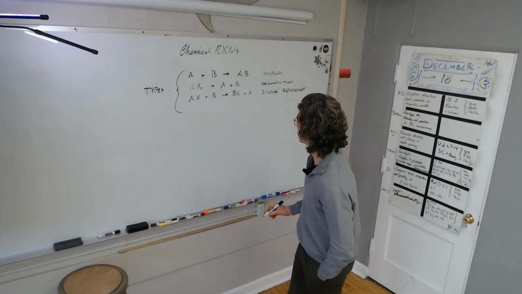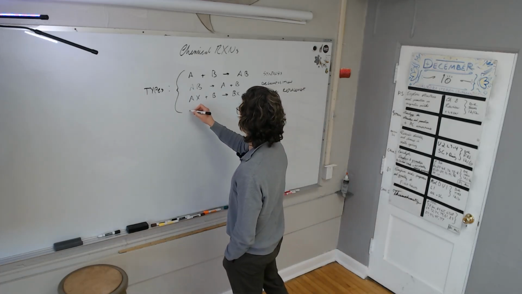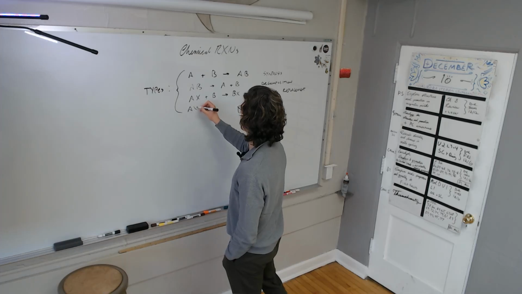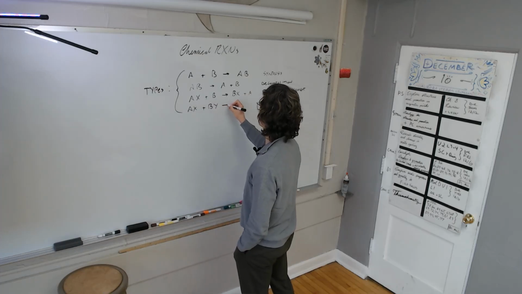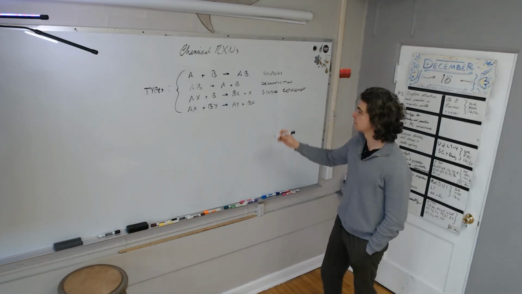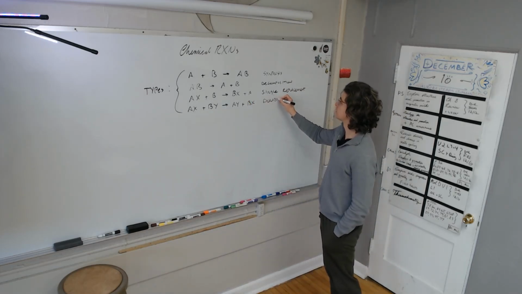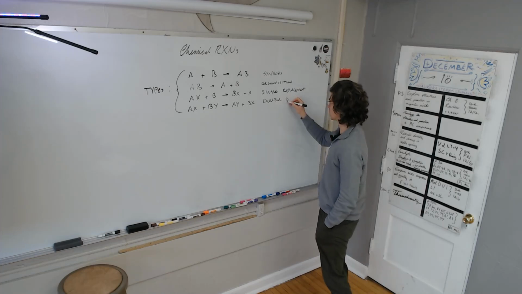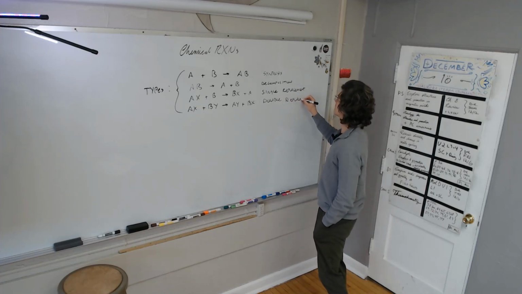Your book uses replacement. And then the third type is AX plus BY yields AY plus BX. Now they've both switched. A double displacement. Oops, sorry, double replacement. That's how your book describes it.